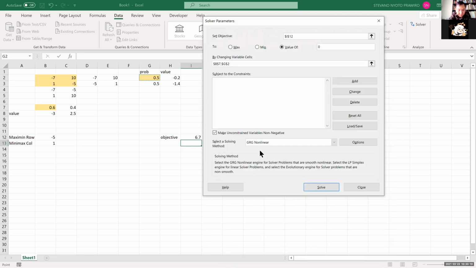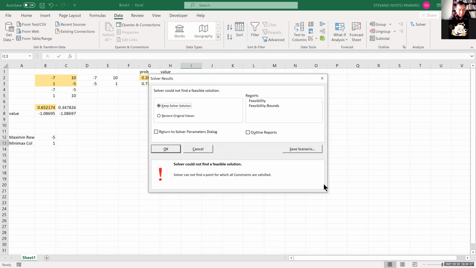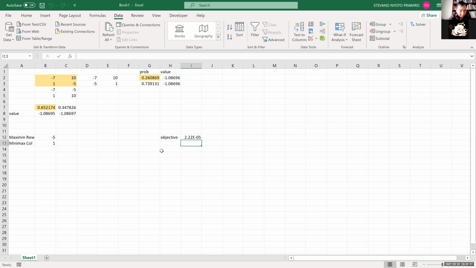You already put the constraint anyway, so you don't need. Okay, you got the result. Click OK. It is 26% and 65%, right? And you see the game value is now all the same. So yes, very good.